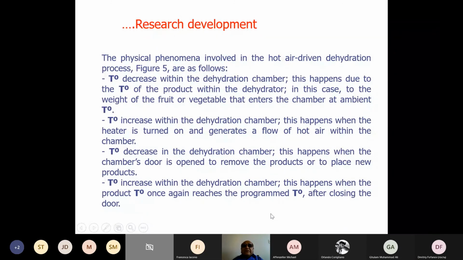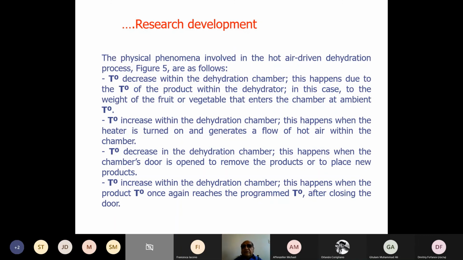The physical phenomena involved in the hot air-driven dehydration process: the temperature decrease within the dehydration chamber happens due to the temperature of the products when they enter the dehydrator, in this case the base of the fruits or vegetables that enter the chamber at ambient temperature. Temperature increases within the dehydration chamber.